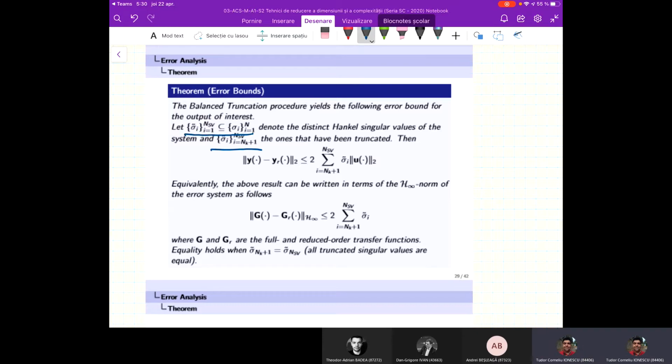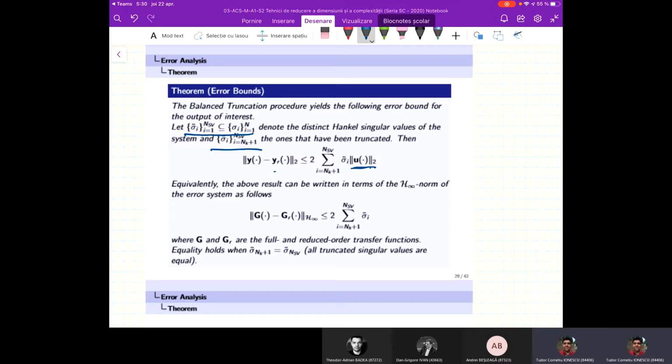Then, this is very interesting. The energy of the error signal has an upper bound of twice this value with respect to the input effort, okay?